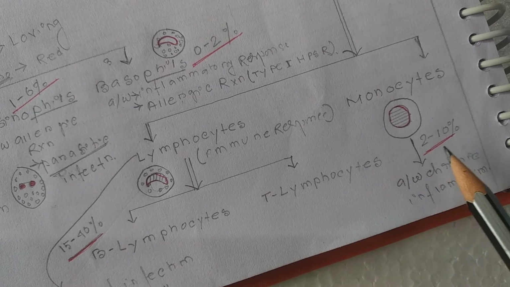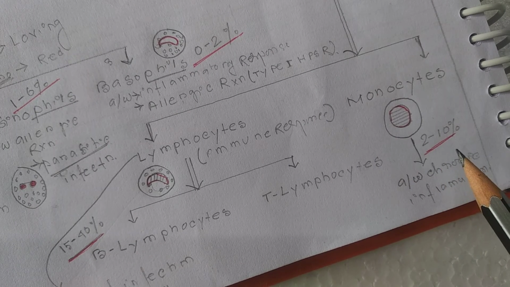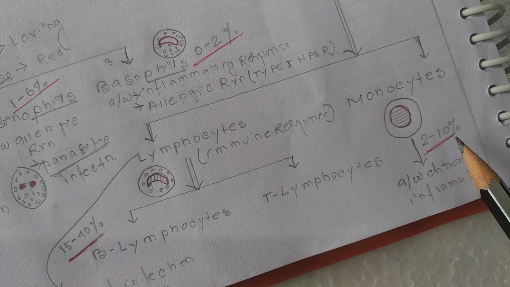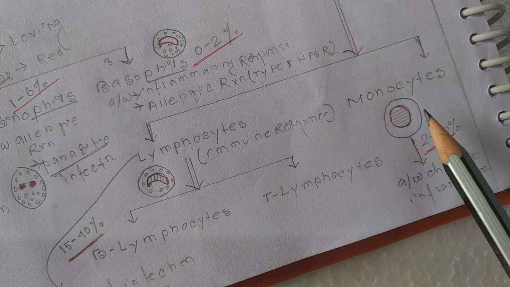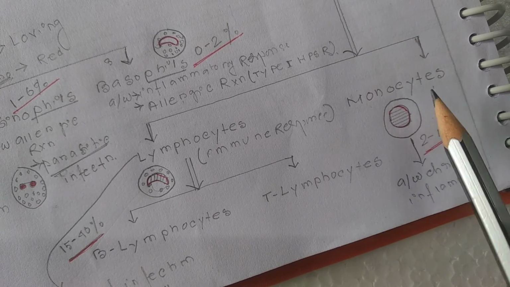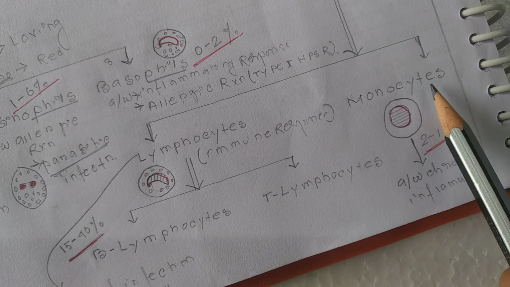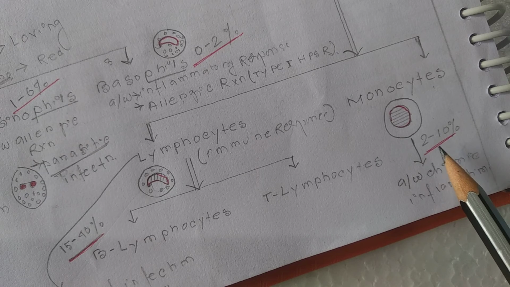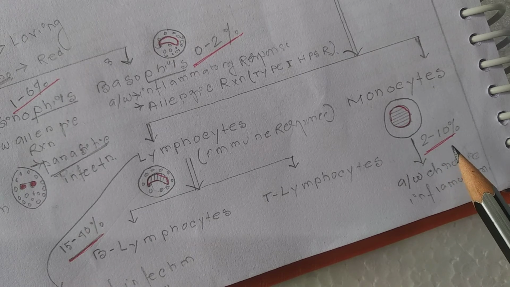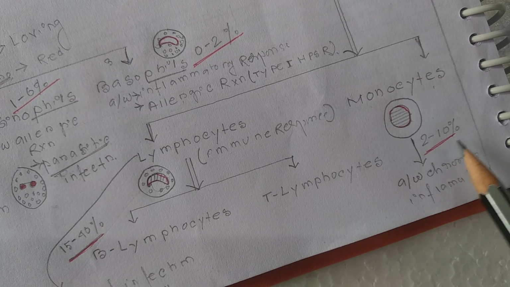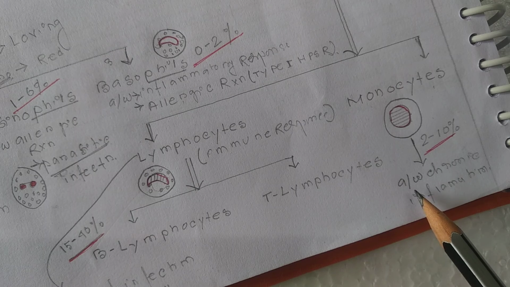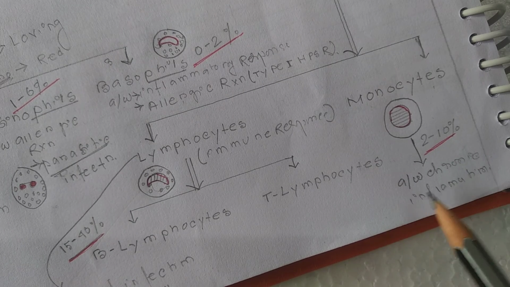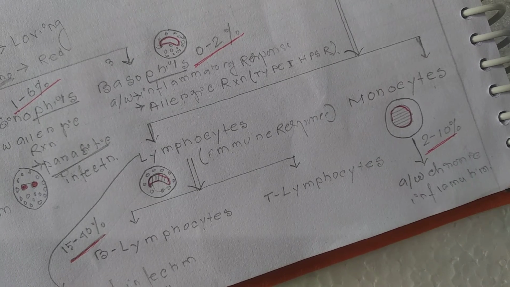When it is more than 10%, that is called monocytosis. Cyto means cell, cytosis means increased cell number. When it is more than 10%, we should consider that it is associated with chronic infection or inflammation.